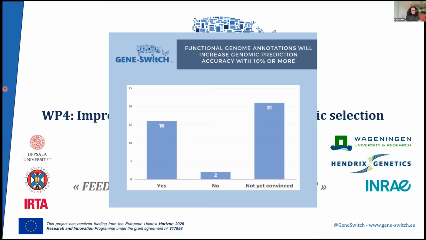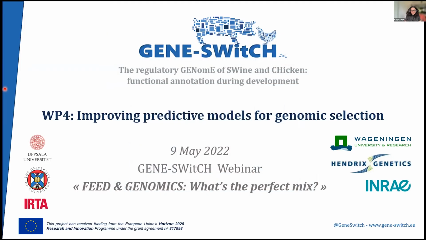So, Mario, maybe you can already interpret this somehow. Because 54% is not yet convinced that functional genome annotations will increase genomic prediction accuracy. And maybe I can. Either way, the pressure is on.